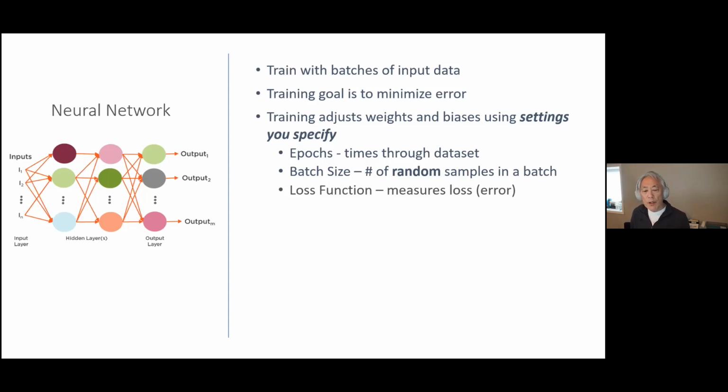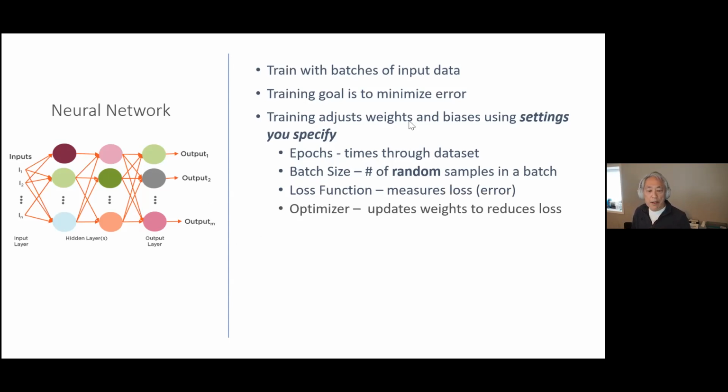Our goal here is to reduce our loss. And essentially what we're trying to do is tune those weights so that our model does better at predicting the output we would get given our inputs. How we do that is through something called an optimizer, which updates the weights to reduce that loss. And the most important thing to get out of this is the number of epochs, the batch size, the loss function, and the optimizer. They're settings we specify. These are tuning parameters that we make choices on. Okay? So keep that in your mind when we get to the examples, because we're going to see them.